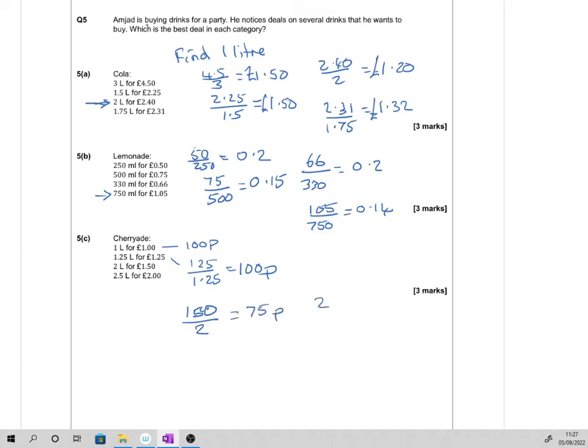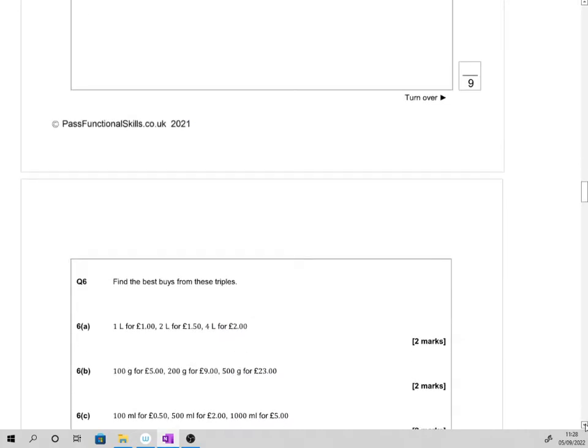And this one, 200 divided by 2.5 is 80 pence a litre. So the best one is this third one there. That's 75p.